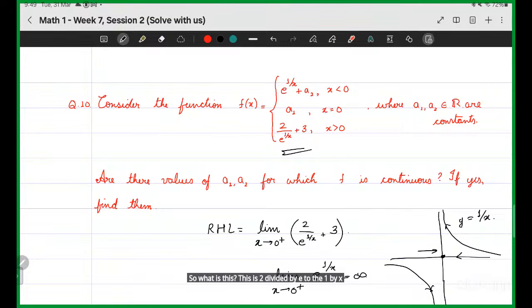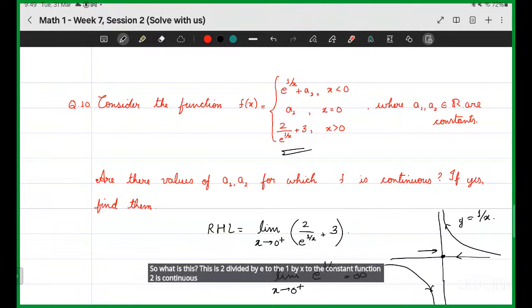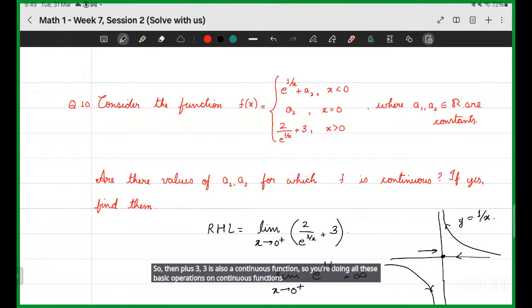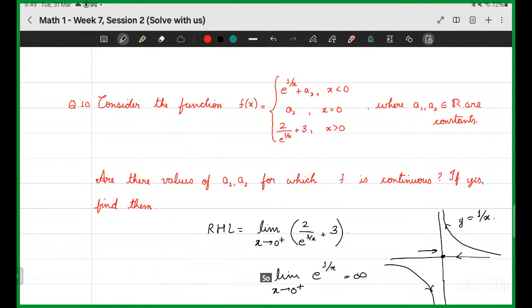The constant function 2 is continuous. 1 by x is continuous. e to the 1 by x is continuous. And e to the 1 by x never becomes 0. Then plus 3, which is also a continuous function. So you're doing all these basic operations on continuous functions, making sure that denominators are not going to 0. The resultant function will be a continuous function. So this follows directly from that property.